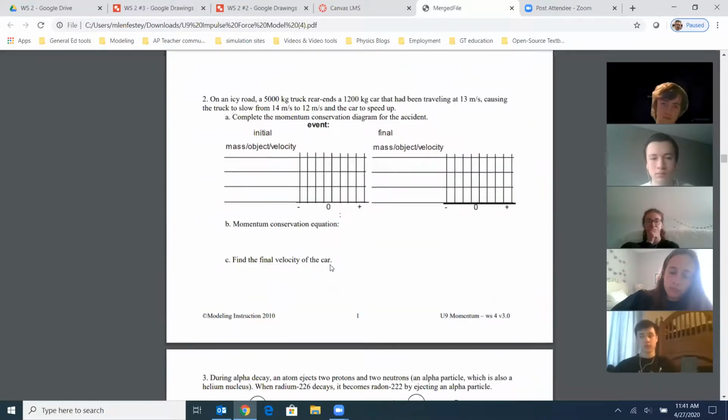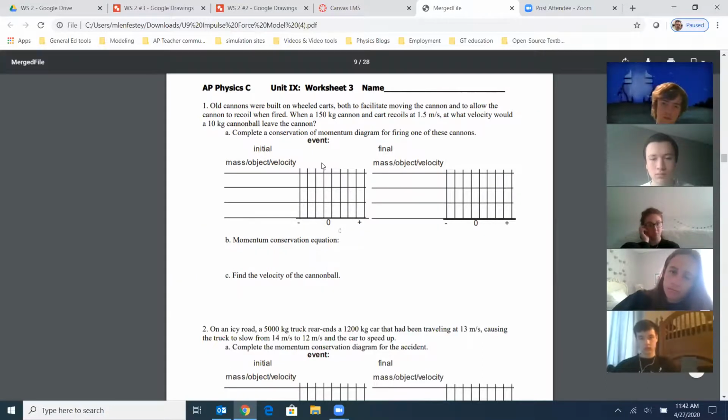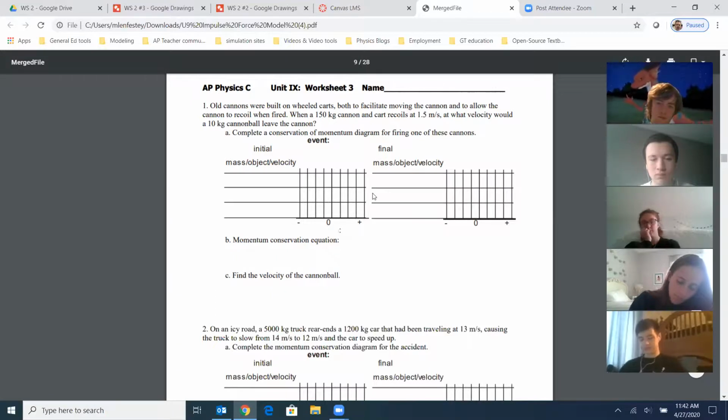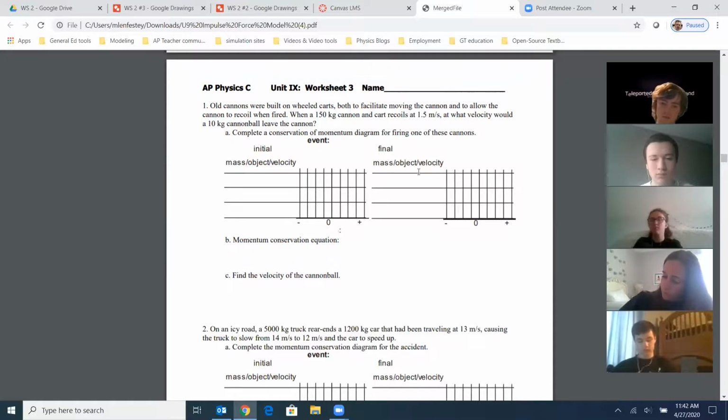I'm not too concerned about the conservation of momentum diagrams. Students usually find these pretty easy, but if you're not getting this stuff, I would suggest doing these diagrams, as they can help you visualize the equation. I do want you to say what kind of event it was, though. I think that's important.